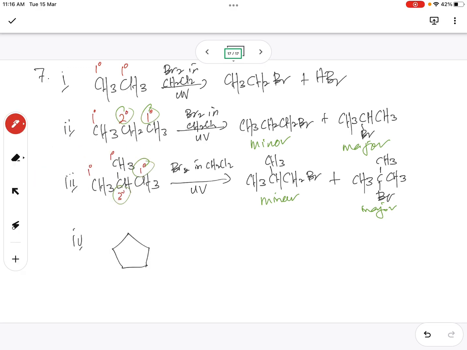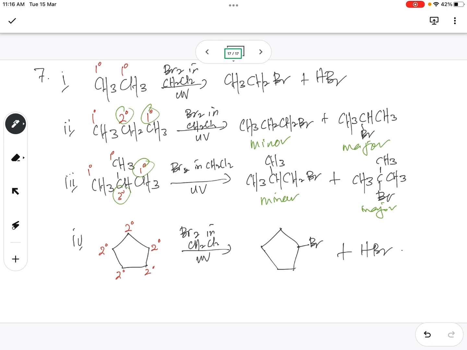So we find this is secondary, this is secondary, this is secondary, this is secondary. So it doesn't matter which one, meaning we only get one product. Br2 in CH2Cl2, UV. So we only get one product, let me draw, the drawing is not very neat, like that. So Br plus HBr. Mono substitution, all the same.